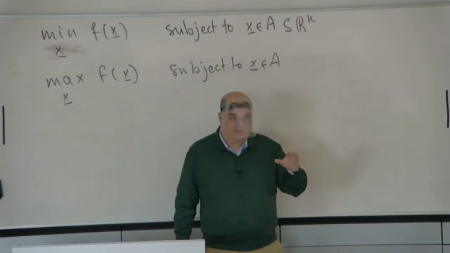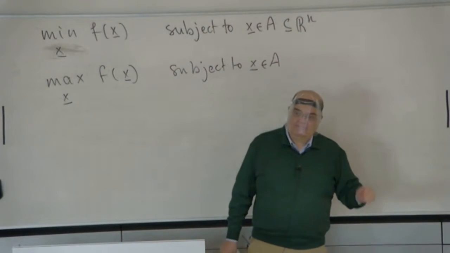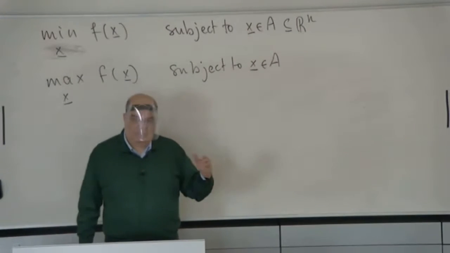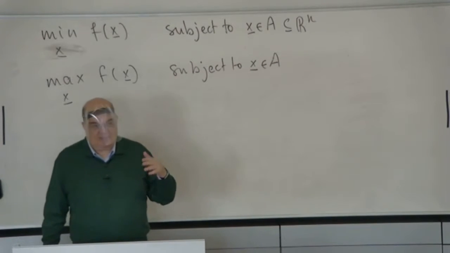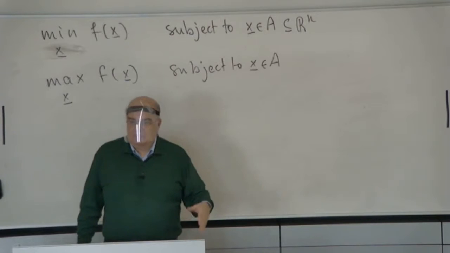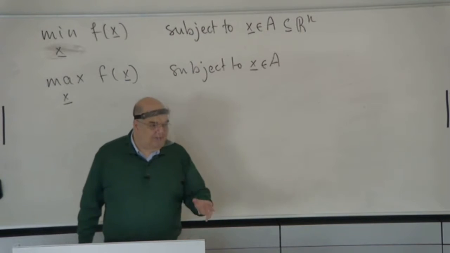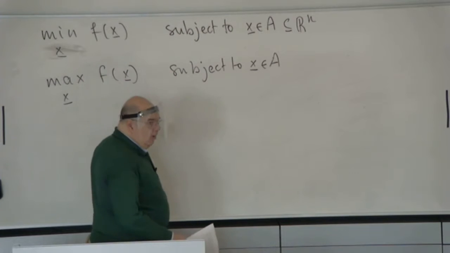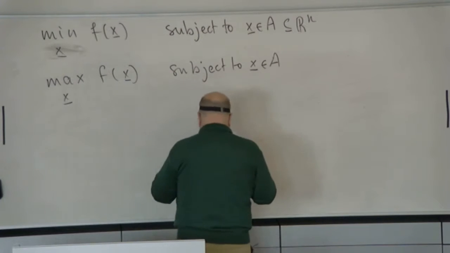The function is always real valued, so its codomain is R. So finding the minimizer for f equals finding the maximizer for negative f and vice versa. So essentially, we will be dealing with the first problem, finding the minimizer.